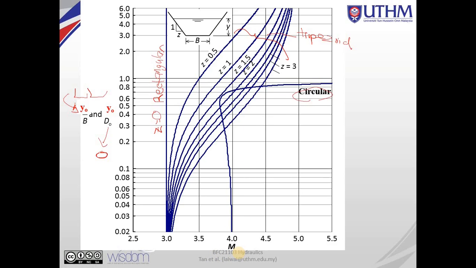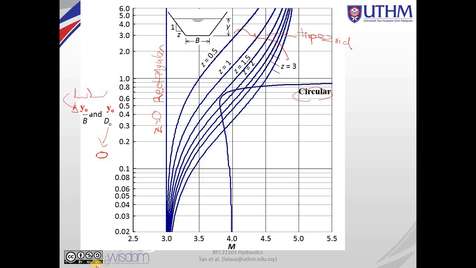For example, if we want to calculate the ratio of Y0 over B or D equal to 0.5, what is the value of M, whether the shape is rectangular, trapezoidal or circular? Looking at this design chart, the ratio of 0.5 is here.